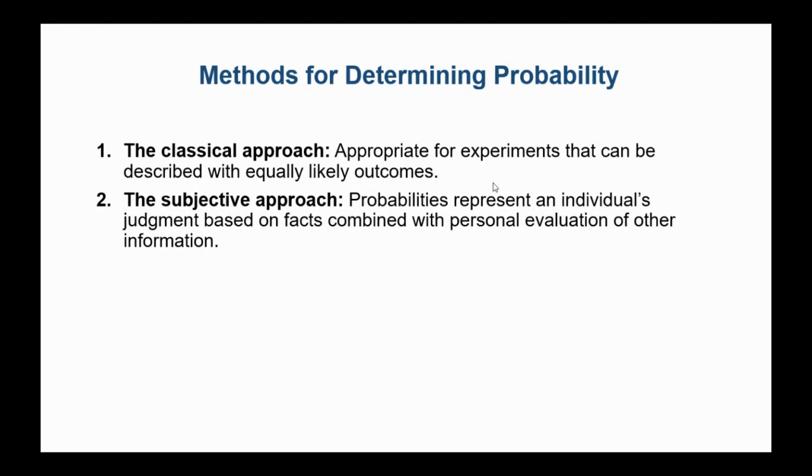Subjective, that's what we have to be careful with. These probabilities represent an individual's judgment based on facts combined with personal evaluation of other information. The best example I can think of for this one is the stock market.